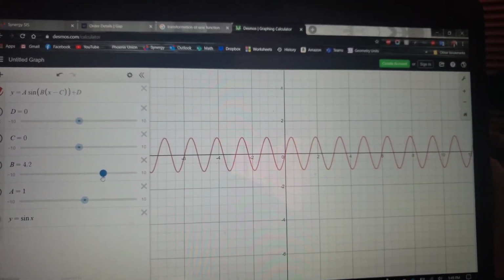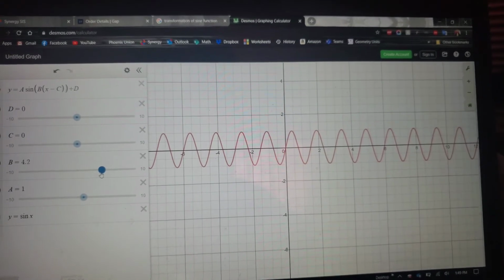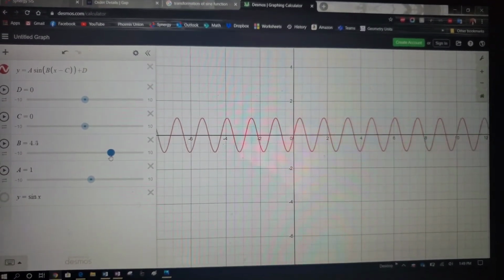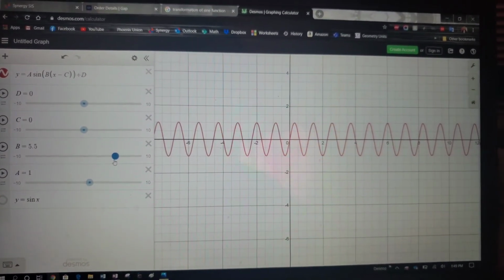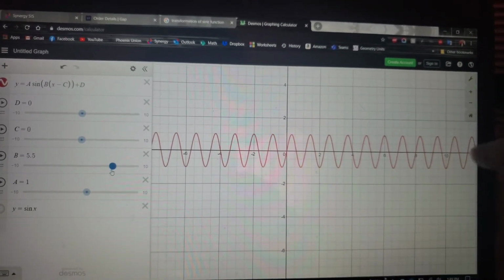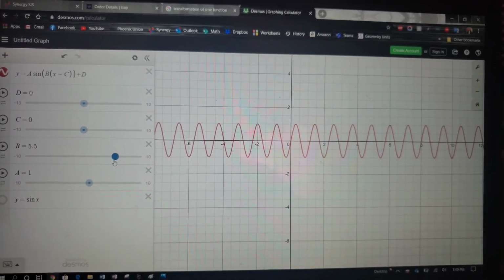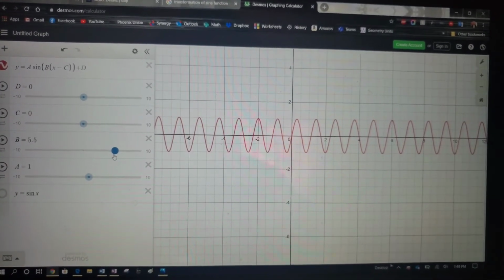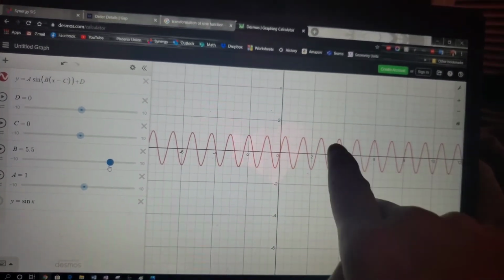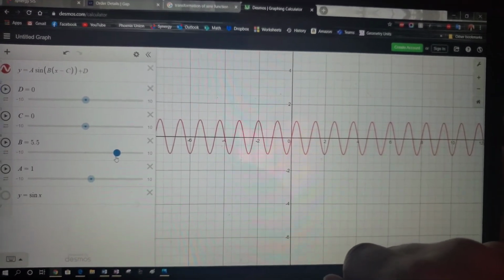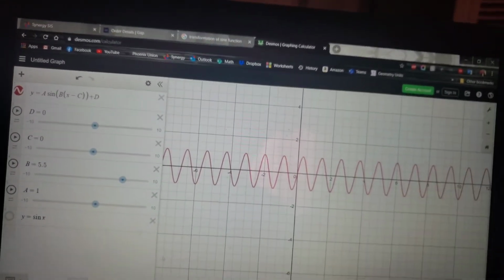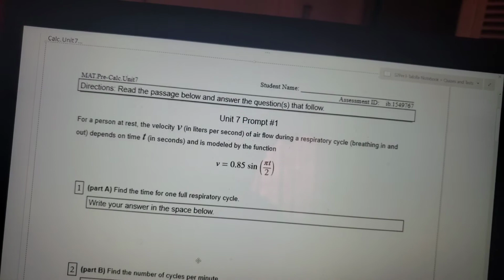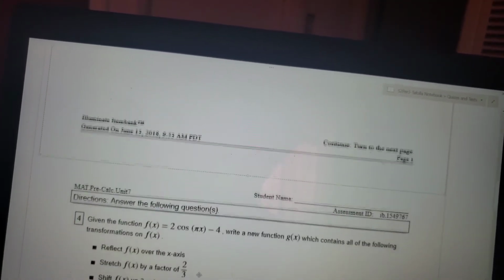If it triples, B just becomes 3. If it quadruples, B just becomes 4. Cycles will repeat faster and faster. That's what happens when a person exercises. Breathing becomes faster, so breathing cycles will also become faster. So that's pretty much the whole thing for question 1, along with the explanation.